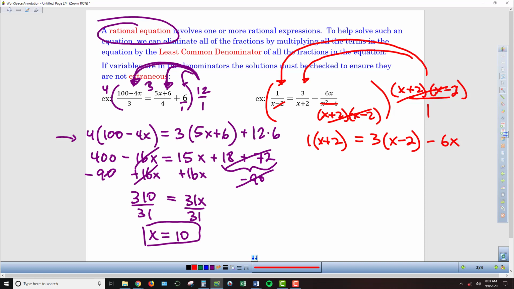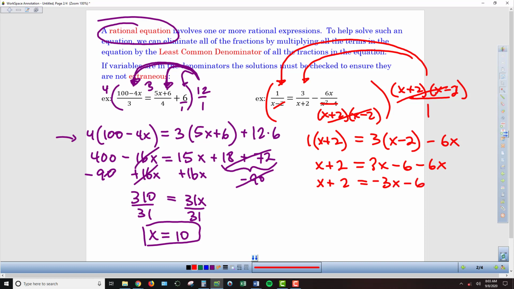So again, I've taken a problem that looked hideous just a moment ago, and I've turned it into something that's quite ordinary. So on the left side, I just have x plus 2. Got a little distributive property here, so I get 3x minus 6, and then still this minus 6x. I'm going to gather my like terms over here on the right hand side, so 3x minus 6x is negative 3x minus 6.